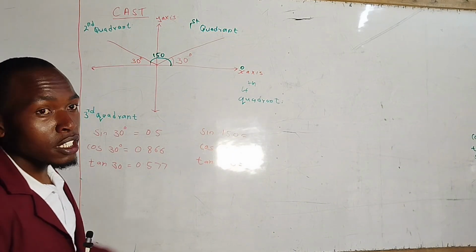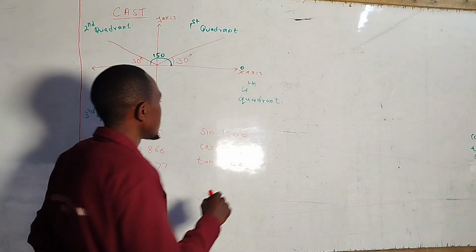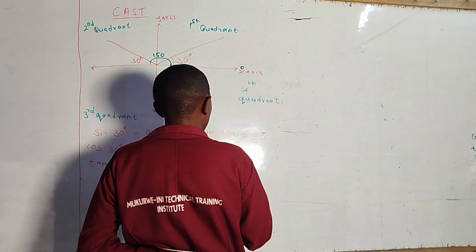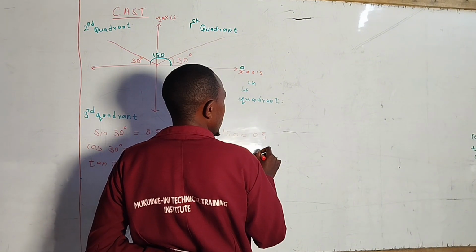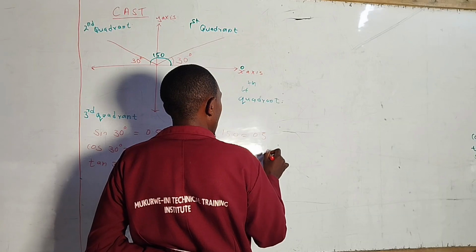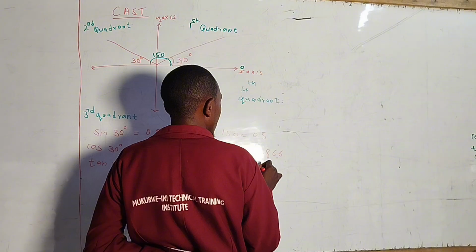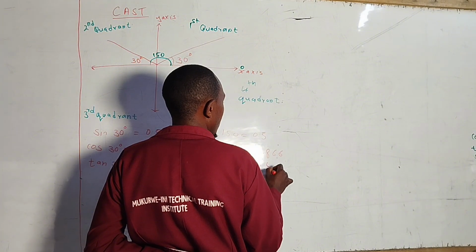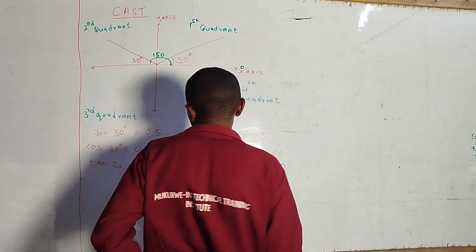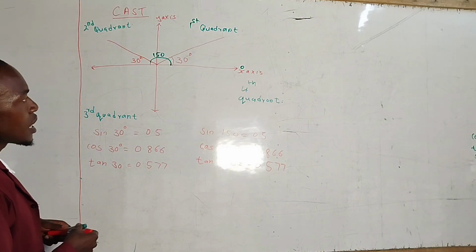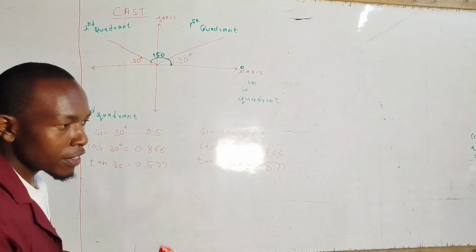So sine 150 degrees is going to give me 0.5. Cos 150 degrees is going to give me negative 0.866, and then I'm going to get negative 0.577.